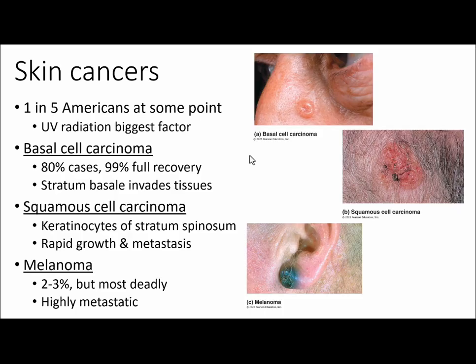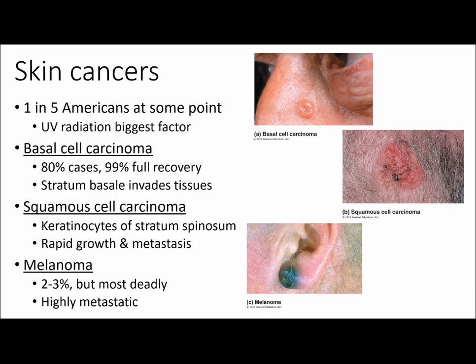The second type of skin cancer, the second most common, is squamous cell carcinoma. Squamous cell carcinoma is going to present itself as a scaly, reddened papule, so it looks quite different from basal cell carcinoma.